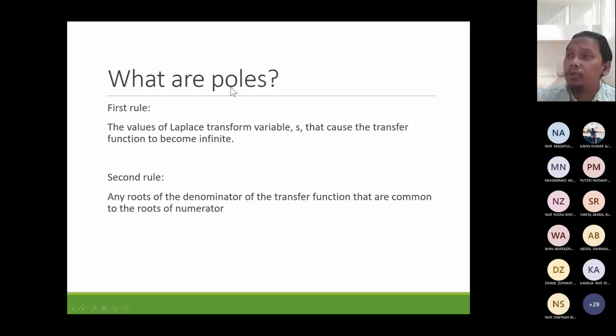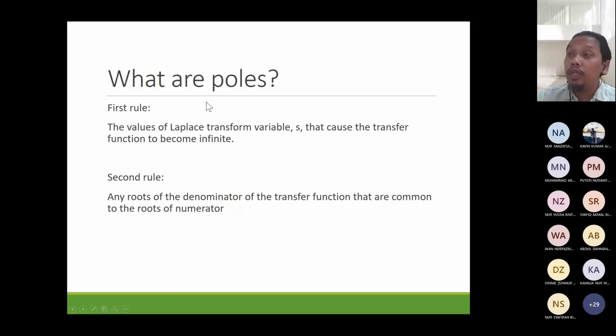Okay, so what are these? So let's look at poles. What are poles? So there are two rules in determining the poles. Okay, so first rule is the poles are the value of Laplace transform variable s. So we have the variable s that we have seen since lecture 2A, but we don't know what that s is. Okay, that causes the transfer function to become infinity.